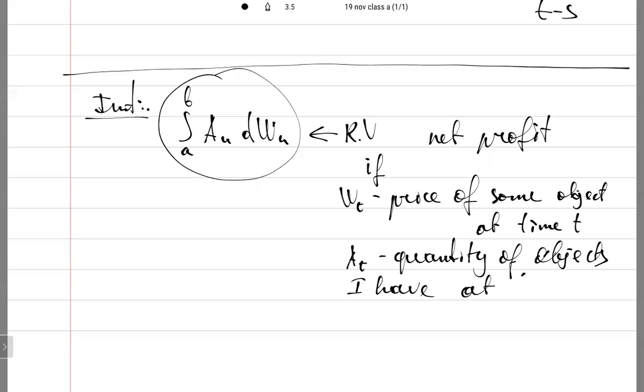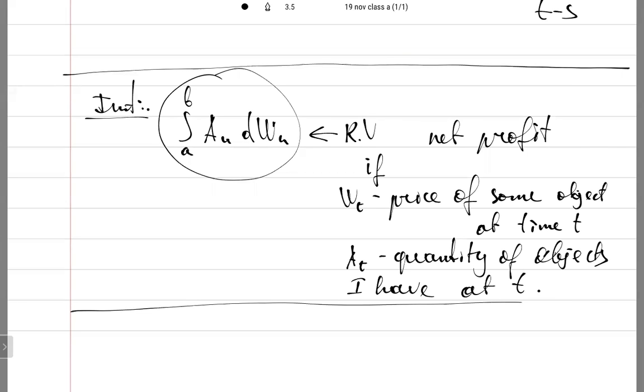So the idea is that this integral is interpreted as the net profit of some trading strategy. We may think that At is a trading strategy.